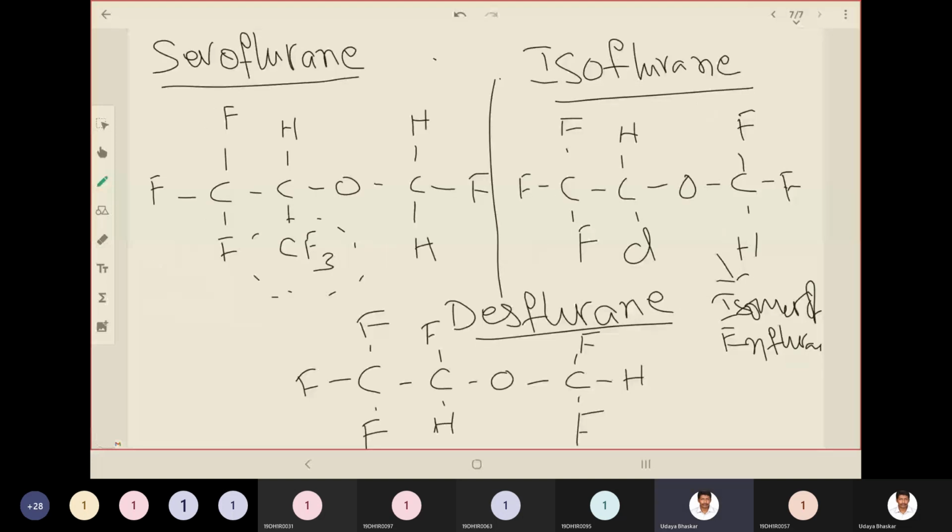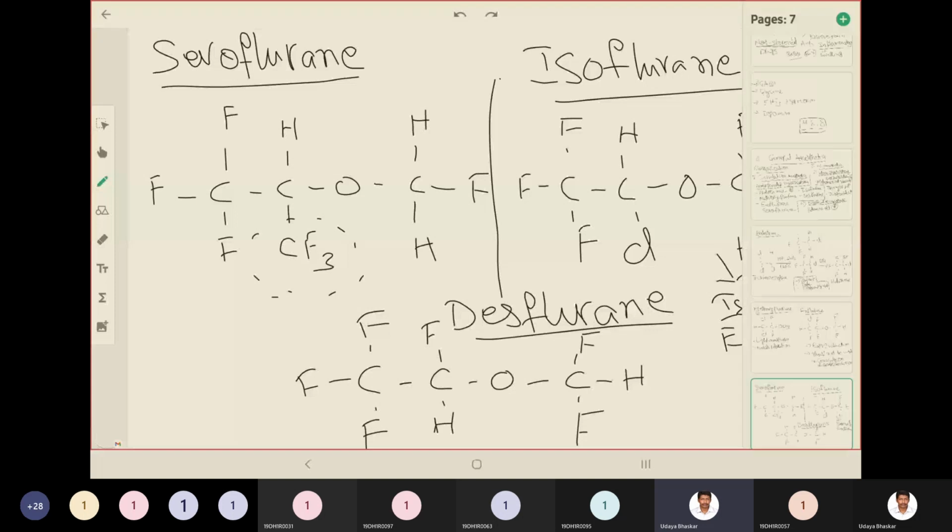So this is about the halogenated hydrocarbon inhalational anesthetics. You have to compare which halogen is present in which compound.